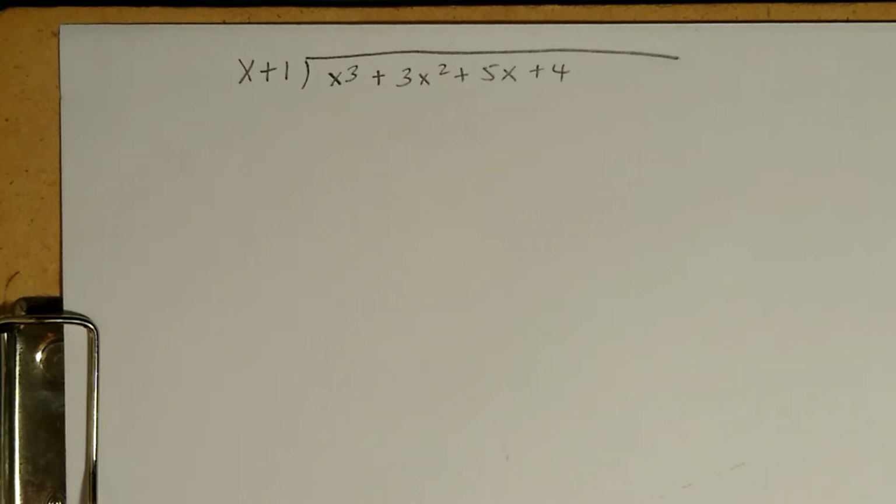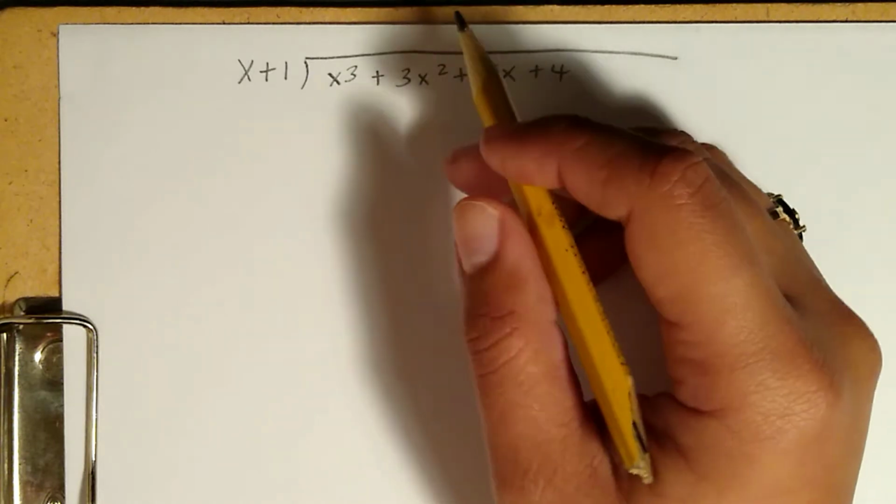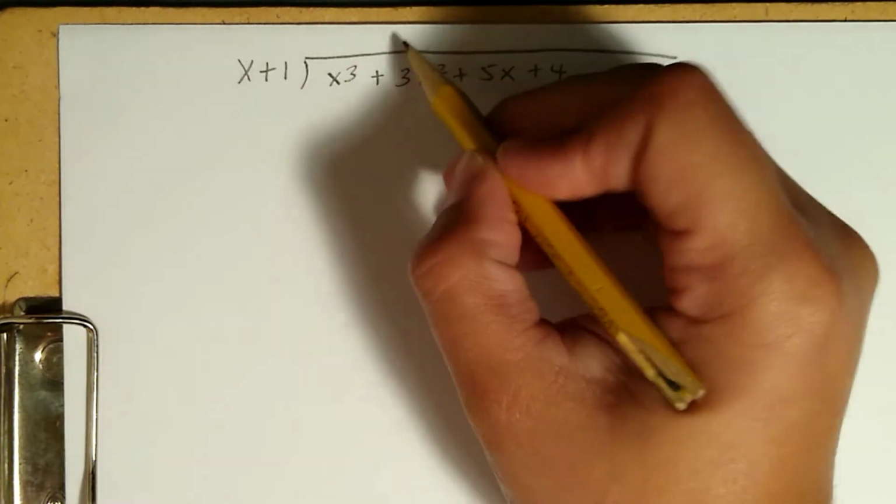For us to get an x cubed, we would have to multiply an x squared into the x plus 1. And let's go ahead and put x squared.